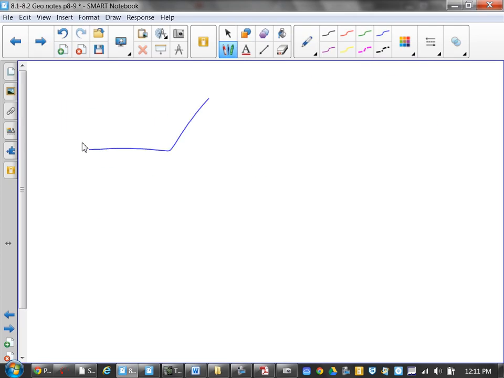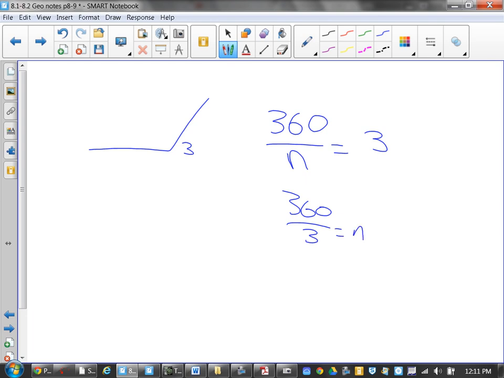If each exterior angle is 3, and you know that the sum of all of them is 360, then 360 divided by the number of sides is 3. What do you do with that? Remember, all you do is flip-flop it. It has 120 sides. Okay?